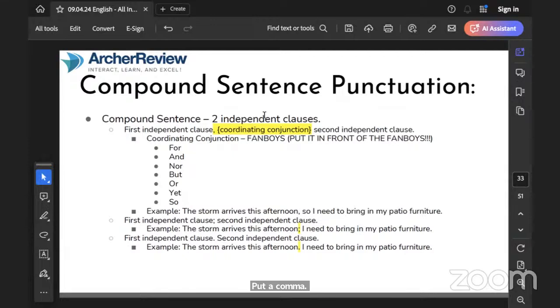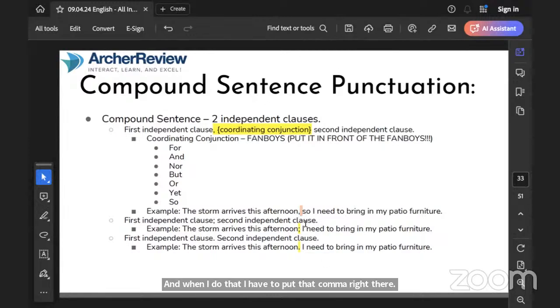So, for example, if I have the storm arrives this afternoon, I need to bring in my patio furniture. Those are two different independent clauses. And I'm using the coordinating conjunction so to connect them. And when I do that, I have to put that comma right there in front.